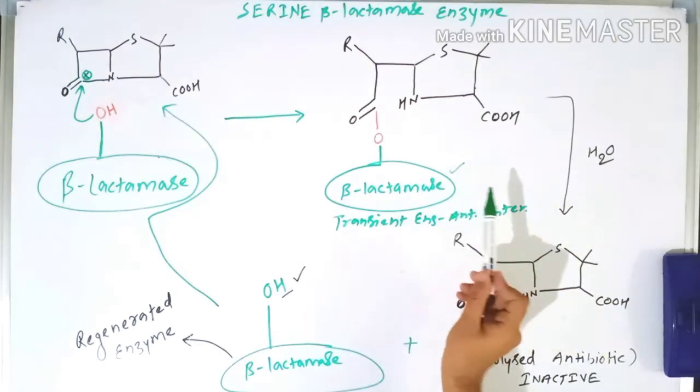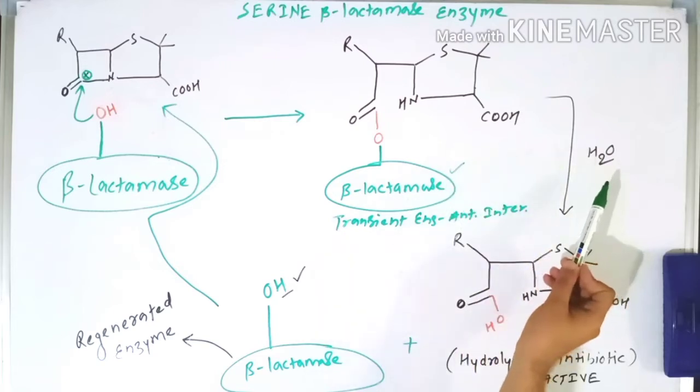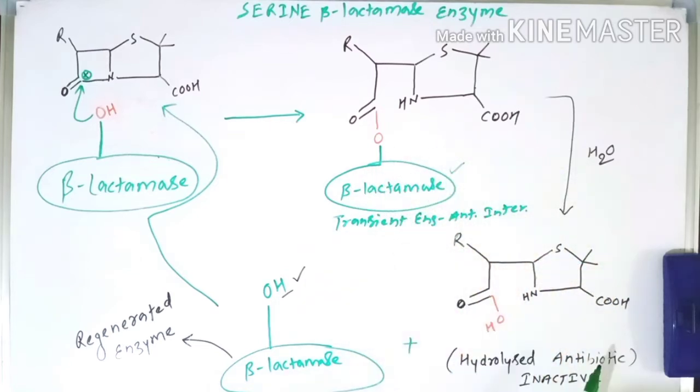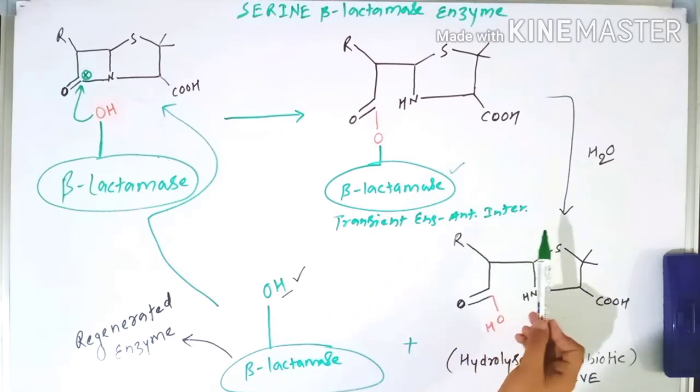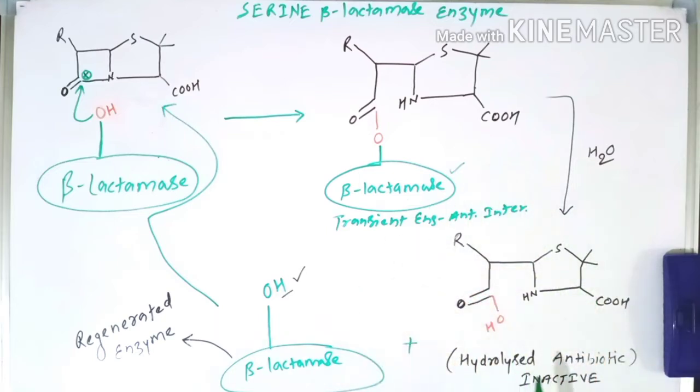This intermediate is formed for a short period of time because it readily reacts with water molecule, and hydrolysis of this intermediate takes place. This transient enzyme antibiotic intermediate reacts very quickly with water molecule and gets hydrolyzed into hydrolyzed antibiotic, which is an inactive form of penicillin molecule, because here beta-lactam ring is no more present.